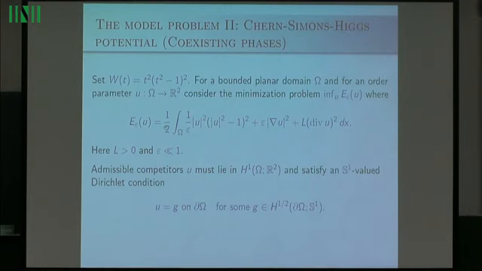So then the second problem is I'm raising the temperature now so that I allow for coexistence of a nematic and isotropic phase, which means that I basically keep a very similar structure of my functional, except that now I'm going to consider a potential, a Chern-Simons-Higgs type of potential, which is minimized by the magnitude of u being 1 and the magnitude of u being 0.